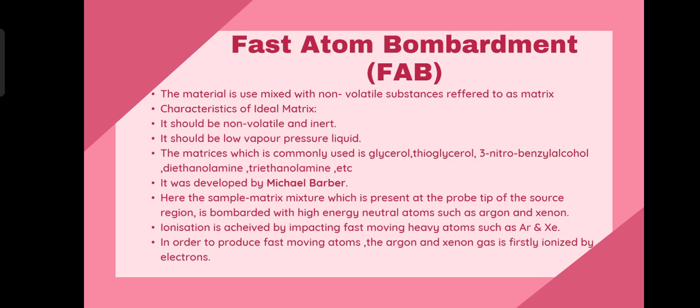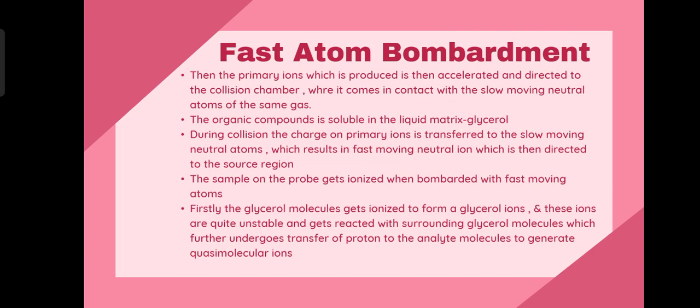Here what happens is, firstly the fast moving atoms of argon and xenon are produced. The argon and xenon gas is firstly ionized by the electrons. Then this results in the formation of the primary ions.